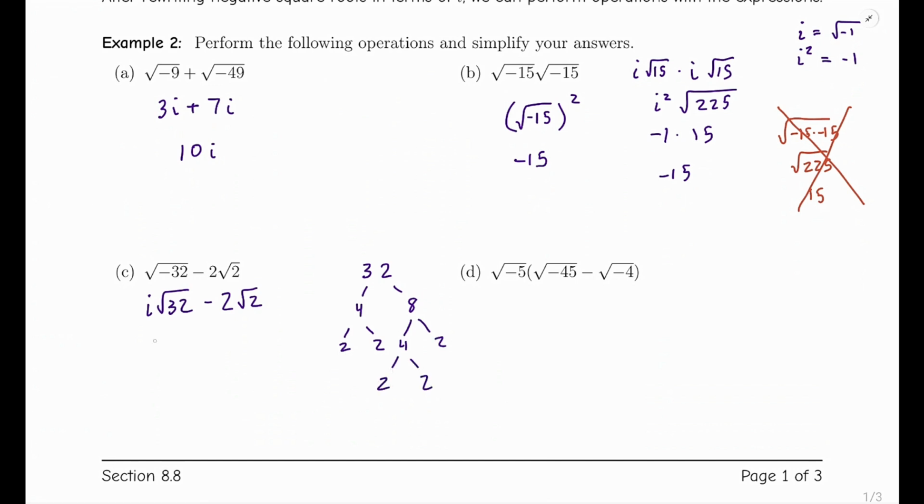So that becomes i square root of 2 squared times 2 squared times 2 minus 2 square root of 2, which then becomes 2 times 2i square root of 2 minus 2 square root of 2, which then becomes 4i square root of 2 minus 2 square root of 2.